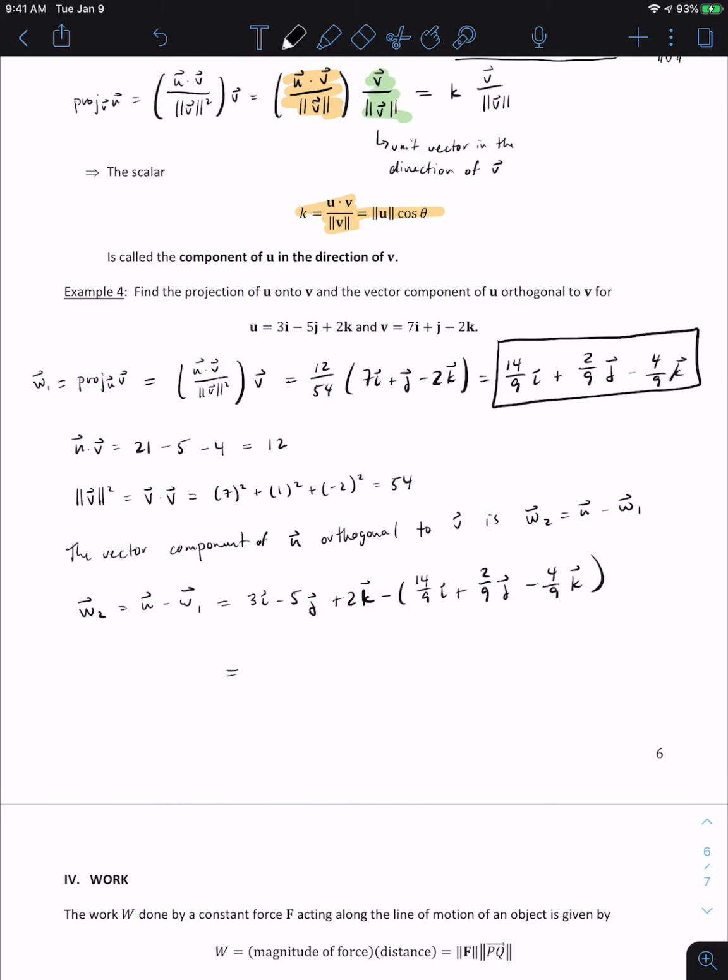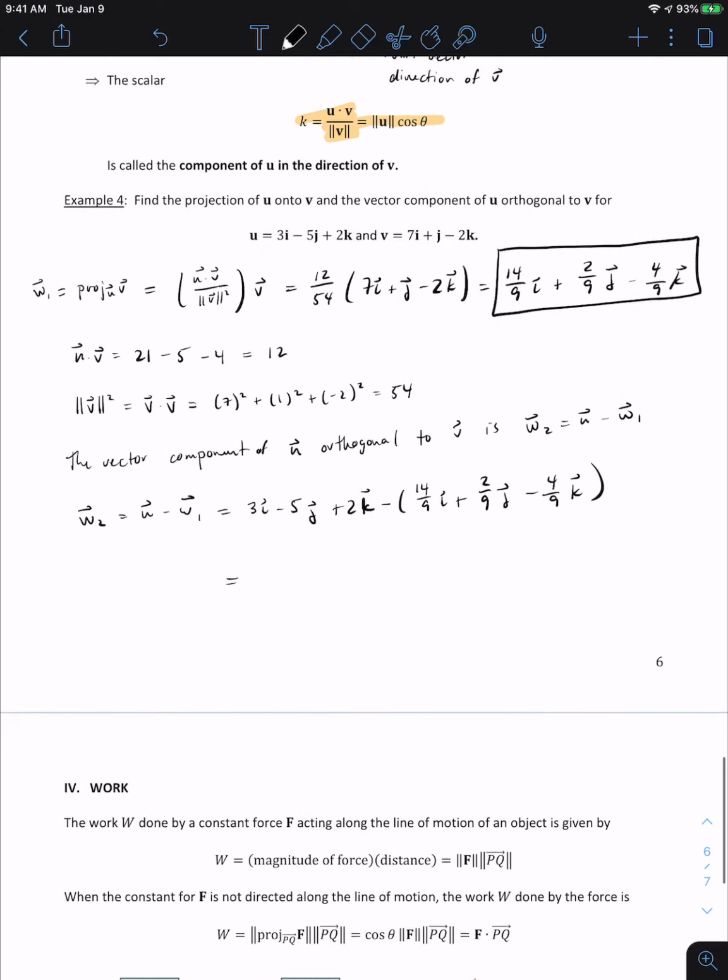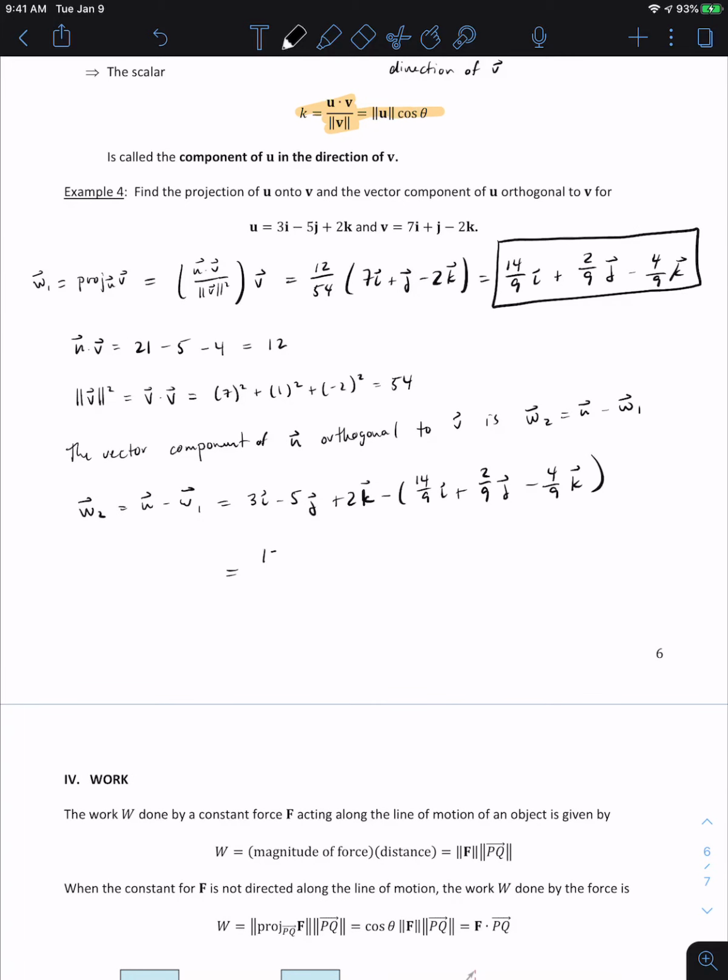And if we subtract component-wise here, we end up getting 13 over 9i minus 47 over 9j plus 22 over 9k. Sorry about the sirens. And that is going to be my vector component of u orthogonal to v.